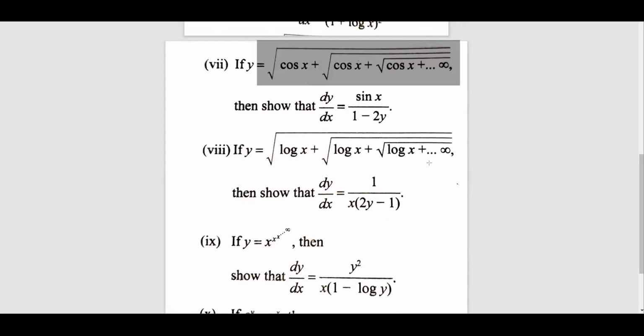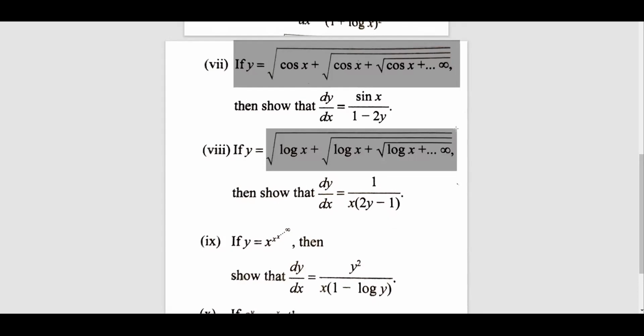In this one also, root of log x plus root of log x plus root of log x, one kind of expression that goes to infinity. And here you have x raised to x raised to x raised to x up to infinity. So these three problems are one type.